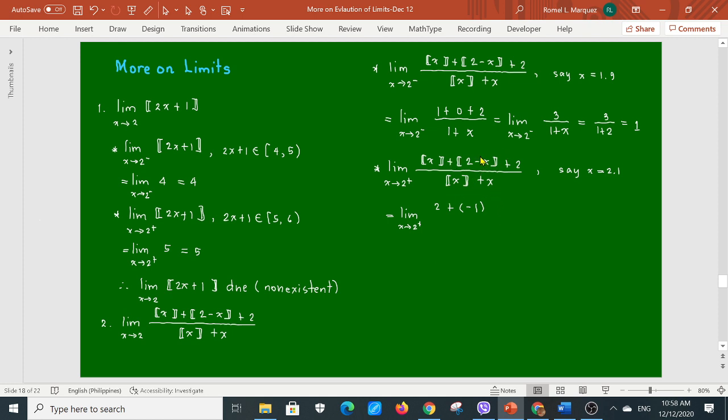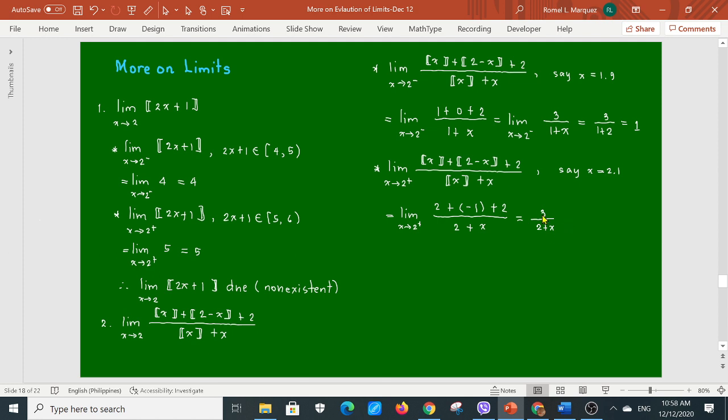Remember, this is always an integer, different integers at different intervals. Then plus 2, and all over, we know that this is 2 if x is to the right of 2 but less than 3. Then plus x. So I can now simplify this: 4 plus negative 1 is 3, all over 2 plus x, right?